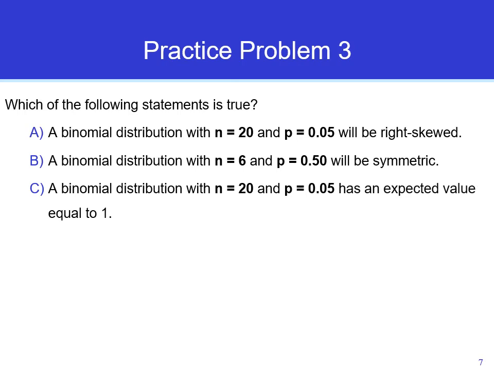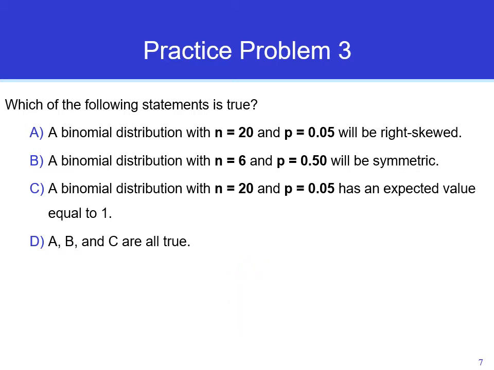C, a binomial distribution with n equal to 20 and p equal to 0.05 has an expected value equal to 1. And D, A, B, and C are all true. So please pause, try to see which one of these is correct, and then come back to see the solution.